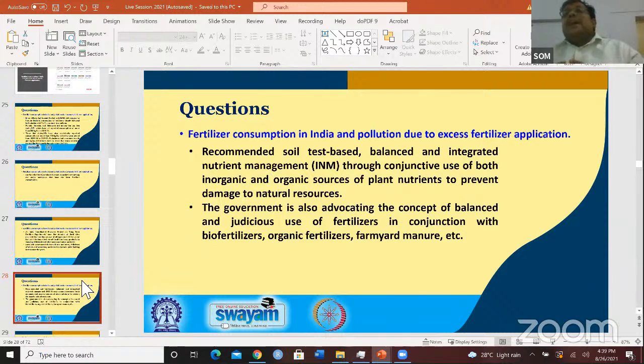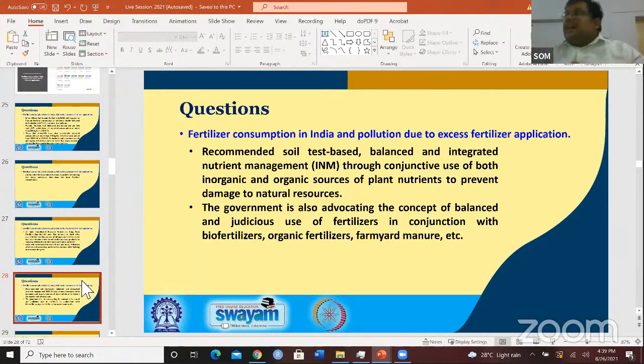The government is also advocating balanced and judicious use of fertilizer in conjunction with biofertilizer, organic fertilizer, and farm manure. And I can see here that Aussie has correctly mentioned the use of PSBs, that is phosphate solubilizing biofertilizers, and nitrogen fixing biofertilizers, and KRBs, microbes that unlock these NPKs.